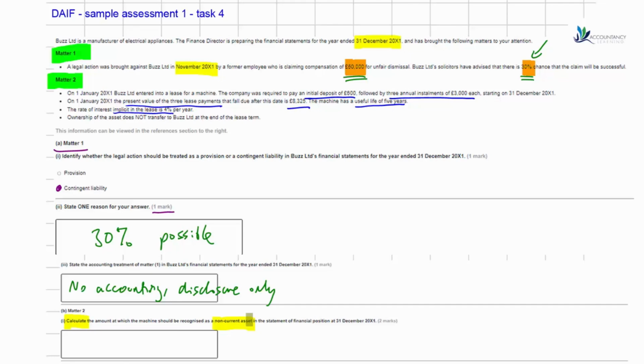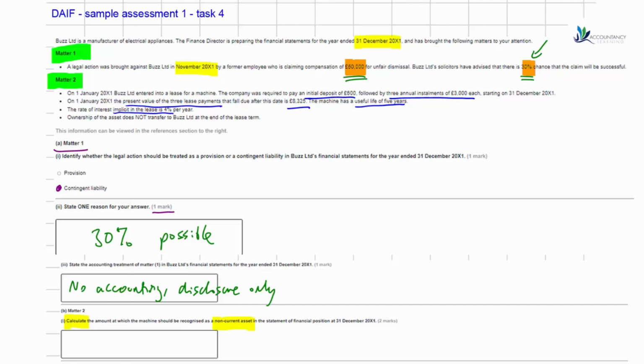So what we need to do first of all is decide, should it be recognised as an asset, or should we simply recognise the payments as expenses? IFRS 16 requires all leases to be shown as assets, but there are two exceptions. So we need to start by determining whether or not we have those two exceptions in this particular case.